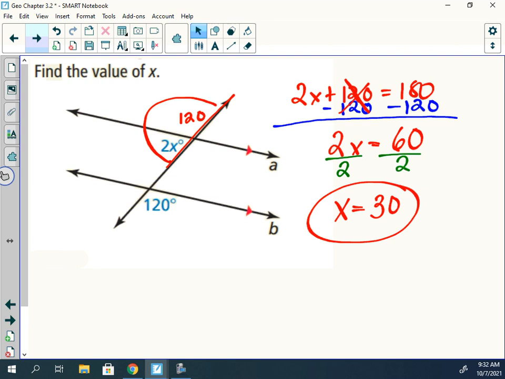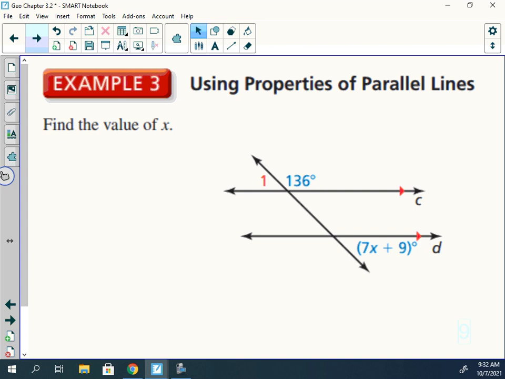And if it was asking for the measure of the angle, that would actually be easier, because we know that 120 plus whatever 2x is has to add together to be 180, so we could actually just subtract. Any questions on this here so far? What would we do for this here?